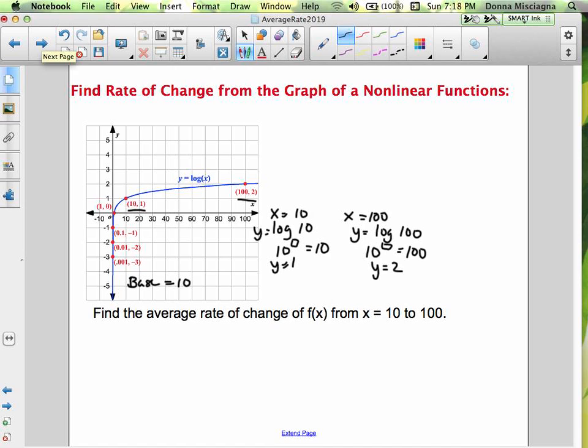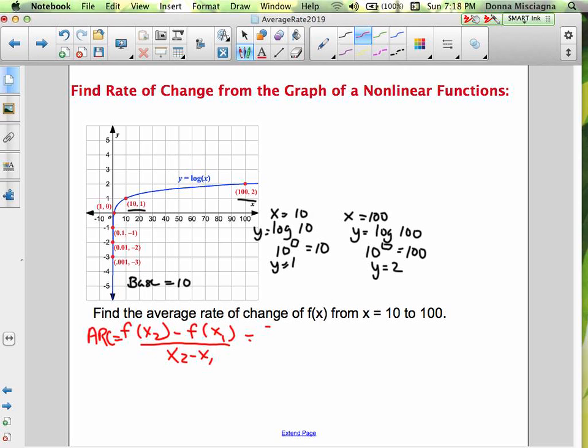So let's find the average rate of change of f of x from x equals 10 to 100. We have average rate of change equals f of x2 minus f of x1 over x2 minus x1. We'll start with the larger point.